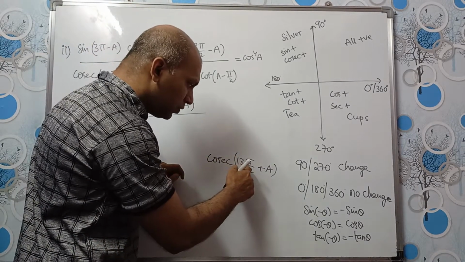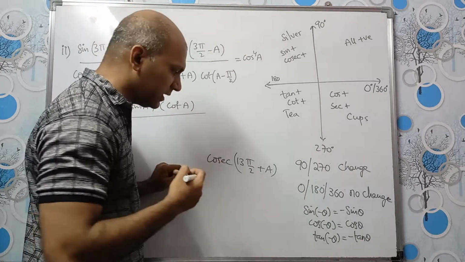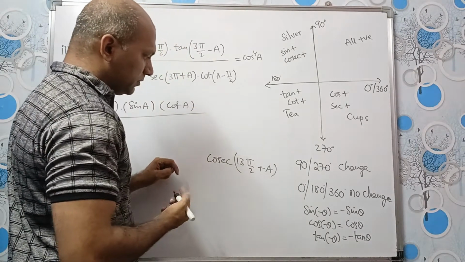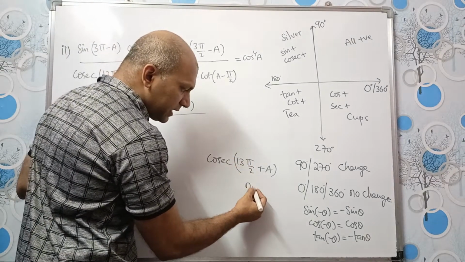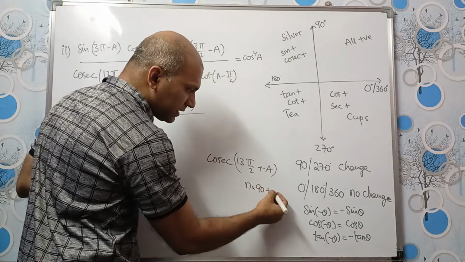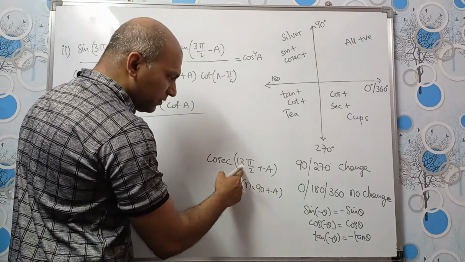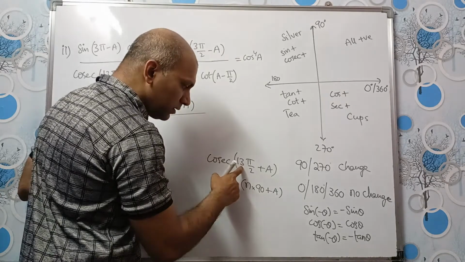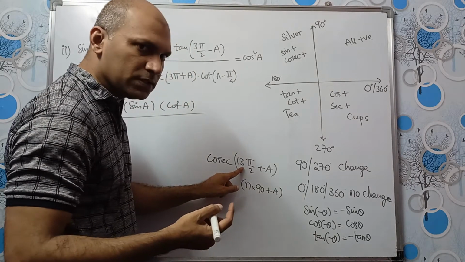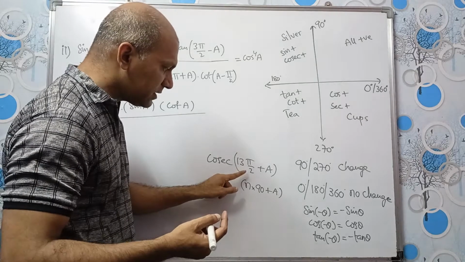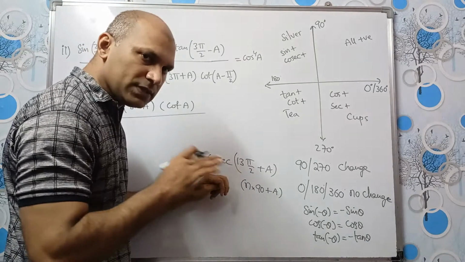So 13 into 90 plus A, but you will get a big number here and it will be a little confusing again. In one of my videos I explained that if you write it as n into 90 plus some angle θ, if n is odd, it will change. If n is even, it will not change. Here n is odd, so we can use that concept.